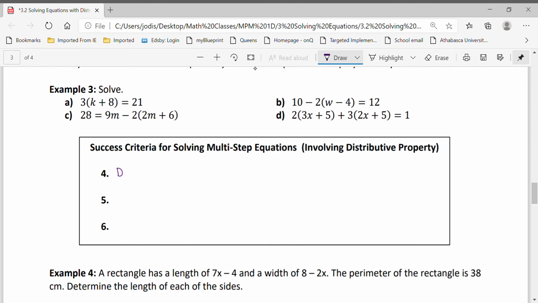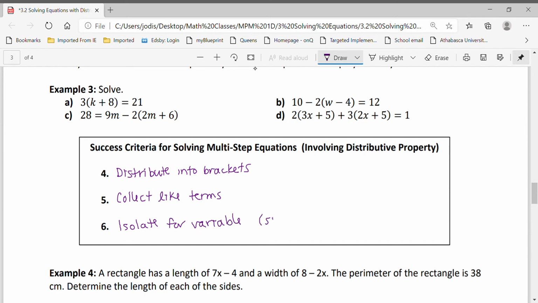We want to distribute into the brackets, then we want to collect like terms, and then lastly, we want to isolate for the variable. And we're going to use our SAM-DEB order.